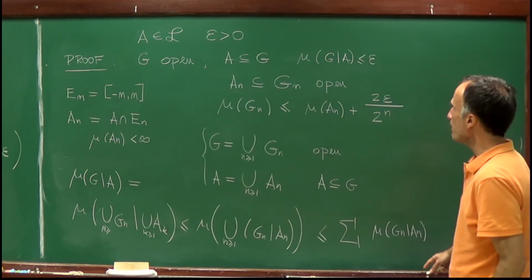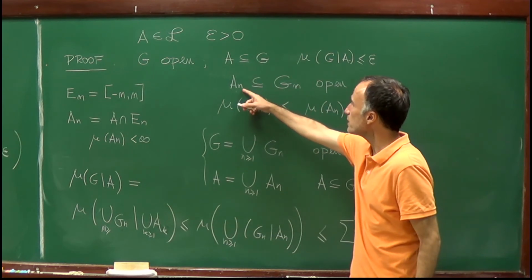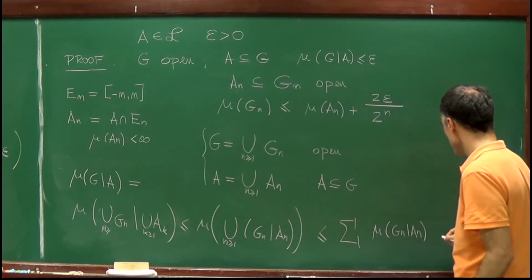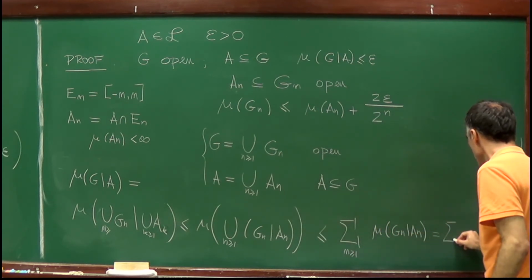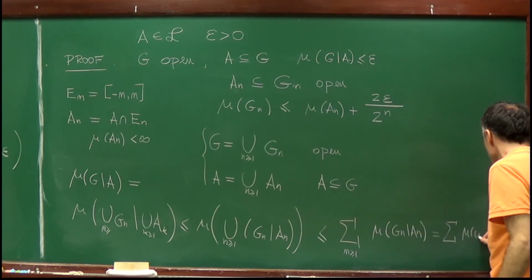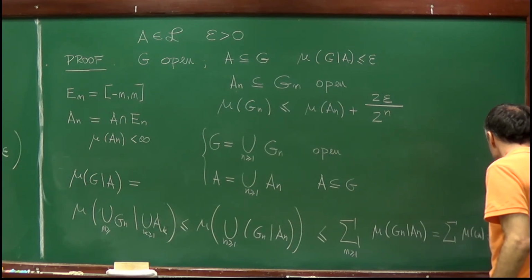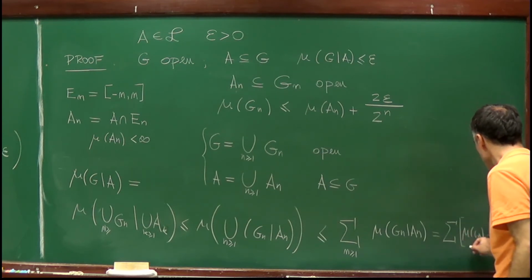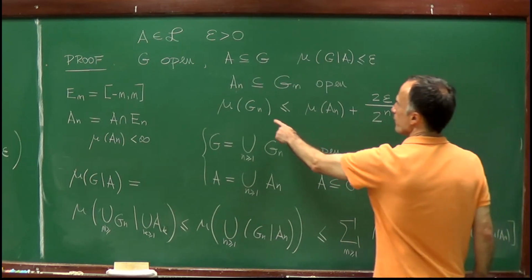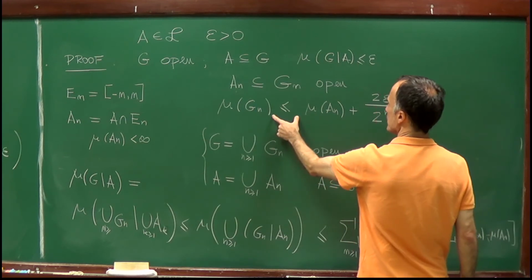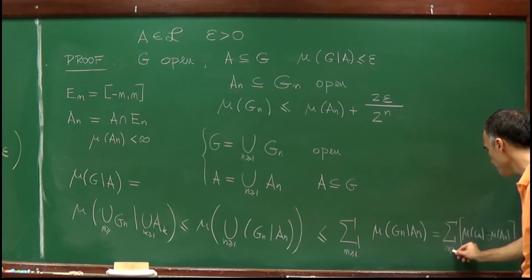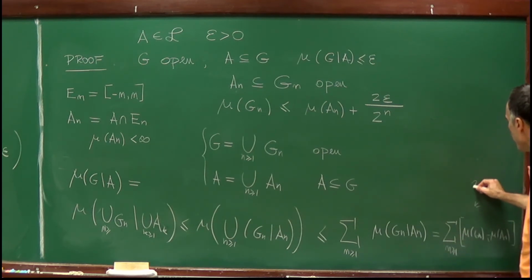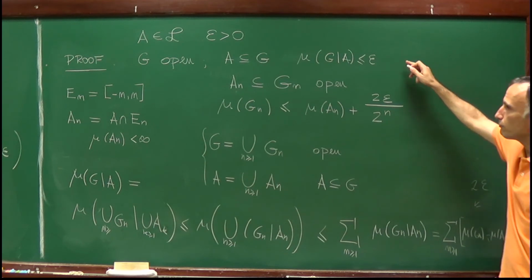But the measure of G_n minus A_n, since G_n contains A_n and the measure of A_n is finite, is the measure of G_n minus the measure of A_n. And the measure of G_n minus the measure of A_n is bounded by 2 epsilon over 2 to the power n, so if you sum over n, you get that this is bounded by 2 epsilon as required.